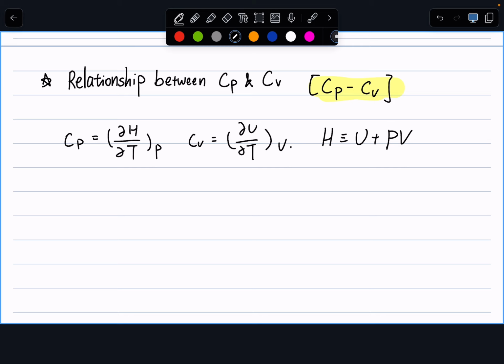The next step, we want to focus on these two terms here. What do we have? We have two partial derivatives of internal energy with respect to temperature at constant pressure and constant volume. At the same time, we know that temperature, pressure, and volume are interconnected with each other through the equation of state.